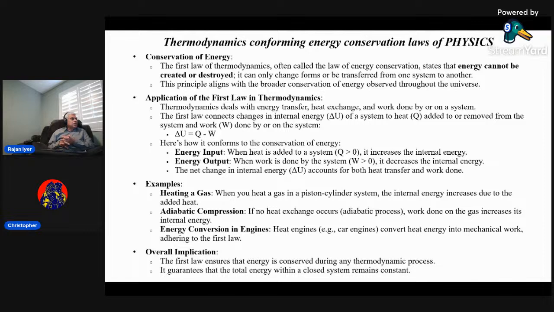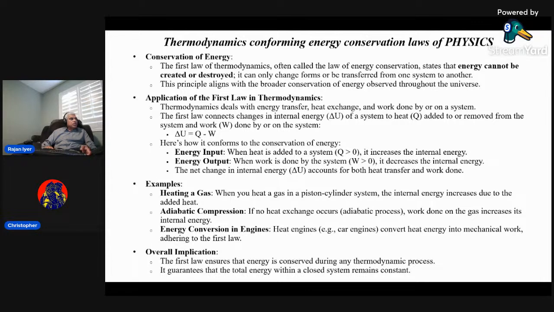This principle aligns with the broader conservation of energy observed throughout the universe. As we see with the Carnot cycle engine and other specific experiments, later on it was tested in many different situations and found to be true.